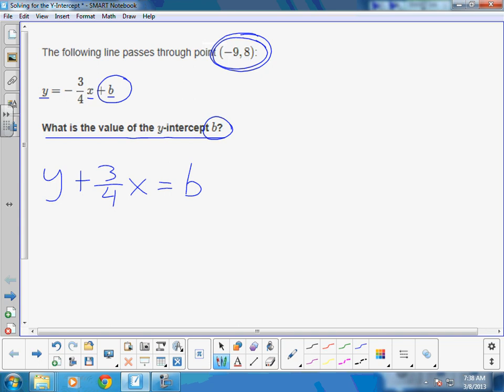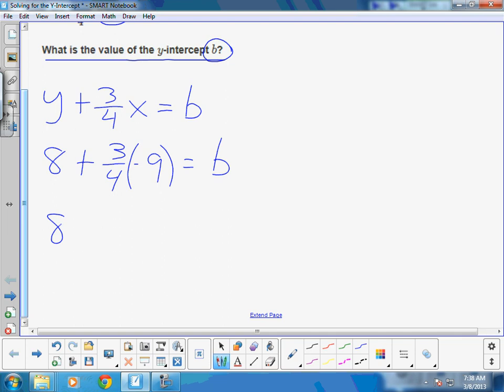Once I have that done, now all I do is substitute my values in the variable or variables, okay? So when I substitute, y is 8 plus 3/4 times x, which is -9. That will equal b.